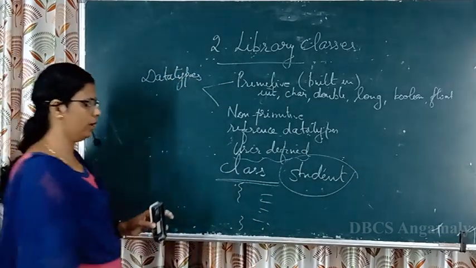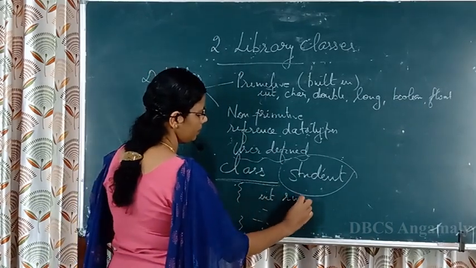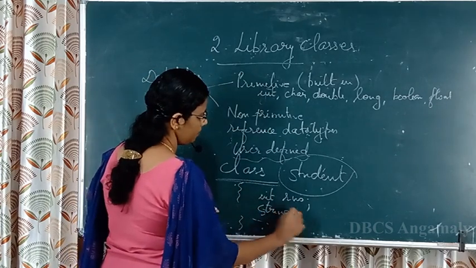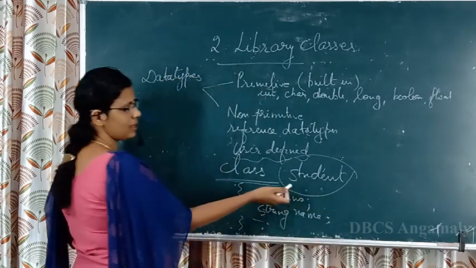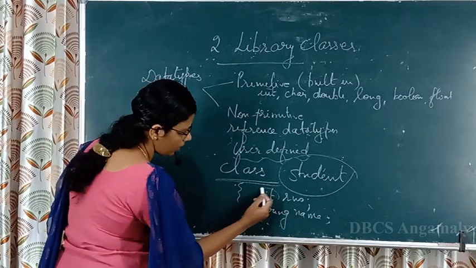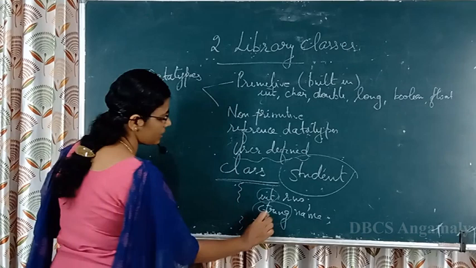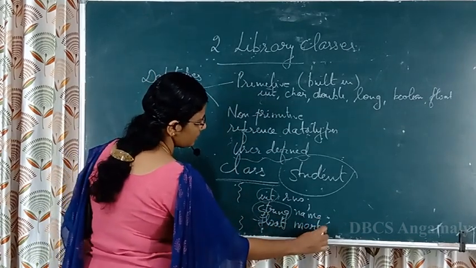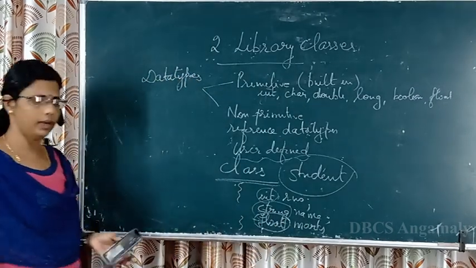So I hope if you remember, we wrote like this: int roll number, then we wrote string name. So here what are we doing? We are creating a data type called student, our own data type, but we are making use of the primitive data types. For example, I said float marks. So all these are created with the help of the primitive data types.